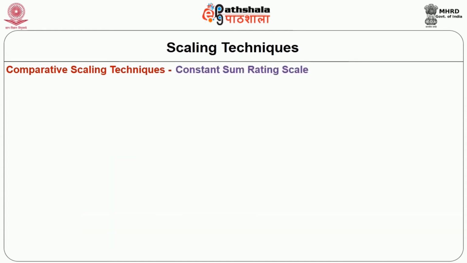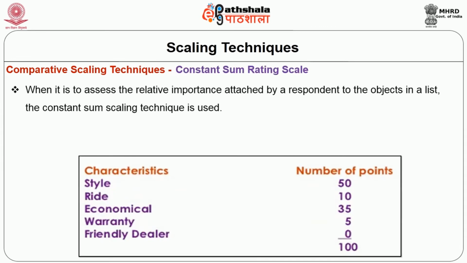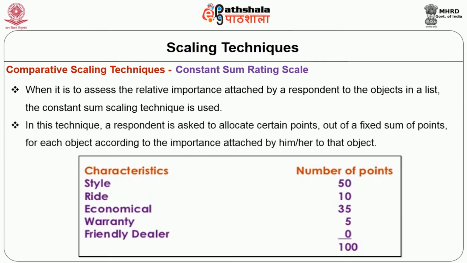Constant sum rating scale. When the aim is to assess the relative importance attached by a respondent to the objects in a list, the constant sum scaling technique is used. In this technique, a respondent is asked to allocate certain points out of a fixed sum of points to each object according to the importance attached by him or her to that object.